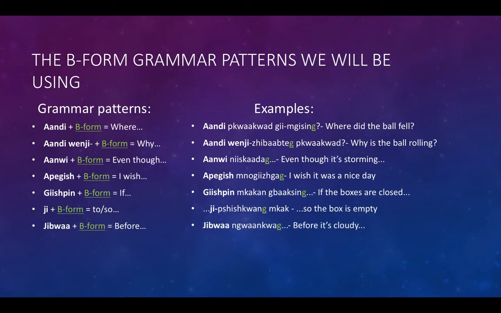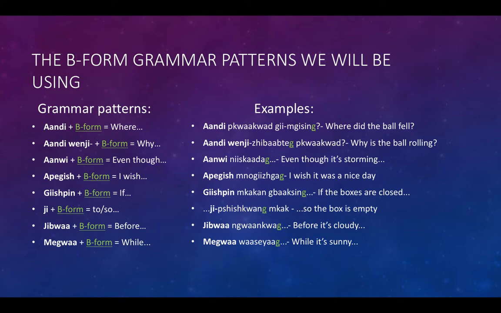Next example, je bois plus B-form equals before. So in our example, we have je bois ngwankwag, means before it's cloudy. So je bois is our word meaning before, and then ngwankwat is our VII word meaning it is cloudy, followed by our B-form suffix G. Next, we have megwa plus B-form equals while.